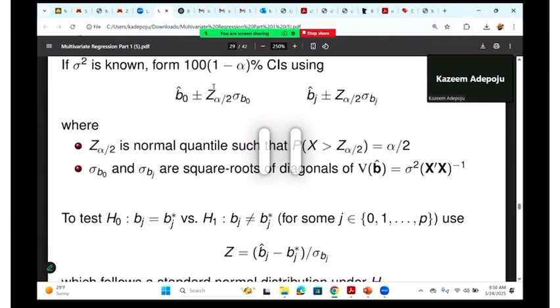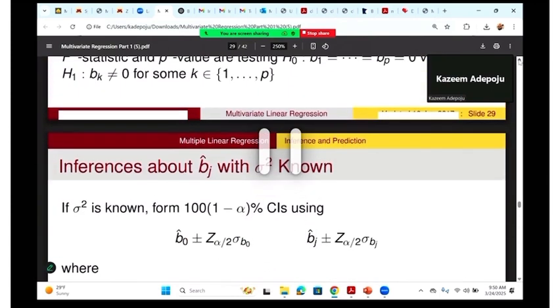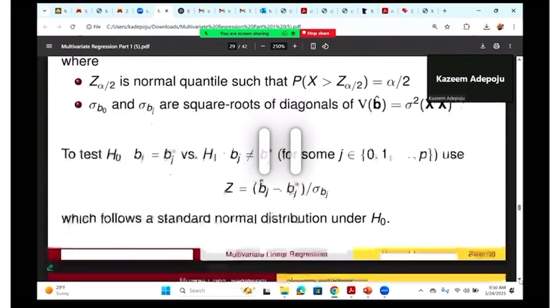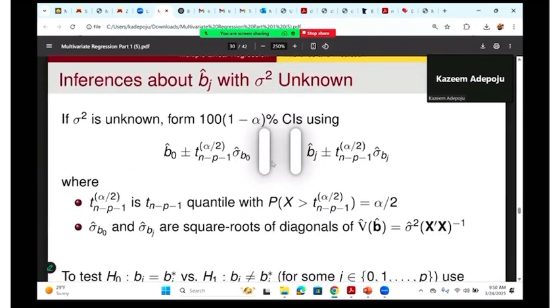Can you see z in the confidence interval? Z in the test? We're using that in the situation where sigma square is known. But when sigma square is unknown, it's going to be a t-test. Look at that now. What has happened? With sigma square unknown, you can see z has been replaced by t. Has anybody heard about the t-test before? So we use t when sigma square is unknown.